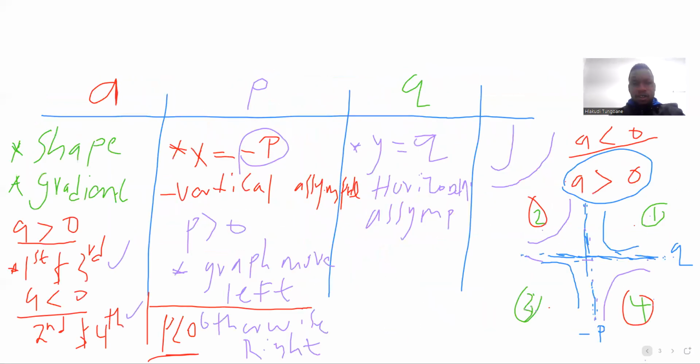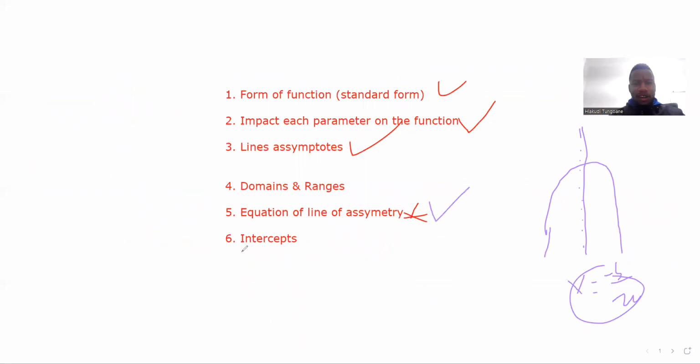The last point that I had there was just around the intercepts. As I said, the principle is the same for any function. For the x-intercept, we need to let f of x equal 0 to solve for that.